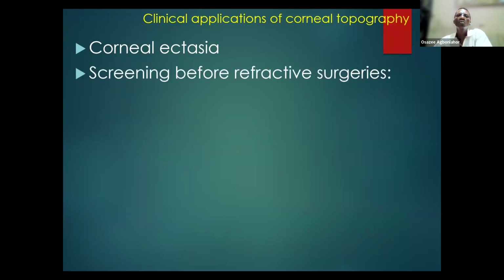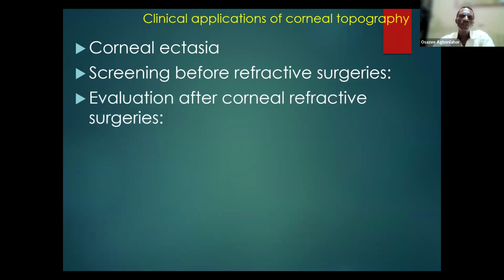You can also do corneal topography when you're screening for refractive surgeries. For example, high myopes that want to go for some form of refractive surgery, this is a procedure that must be done to ascertain the shape and, of course, the thickness of the cornea.